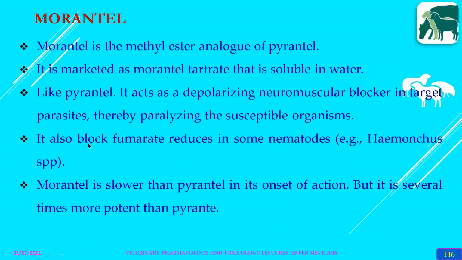Just like tetramisole, it blocks the fumarate reductase enzyme in some nematodes, also Haemonchus species. Haemonchus is a blood-sucking parasite, and morantel is slower than pyrantel in its onset of action, but it is several times more potent. It may be slow acting, but highly potent.